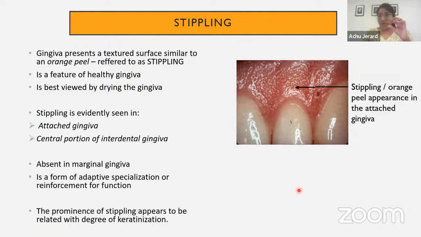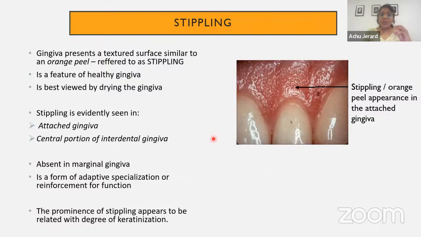How do you see this? Clinically, if it is not visible, you can try visualizing it in the light by drying the gingiva with cotton. That is how you visualize it.